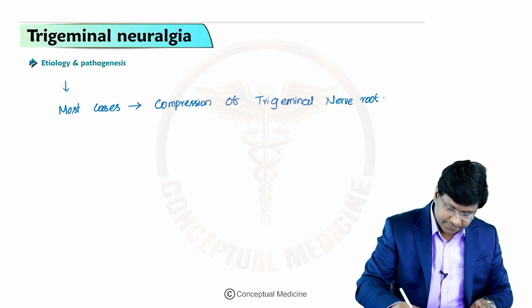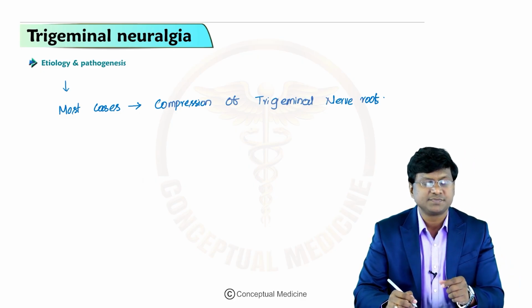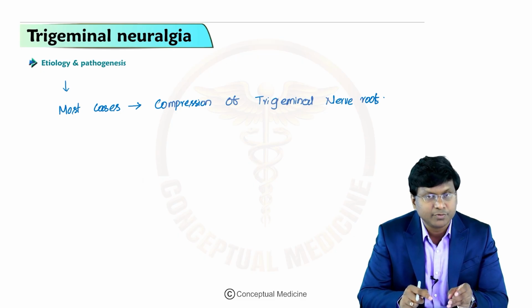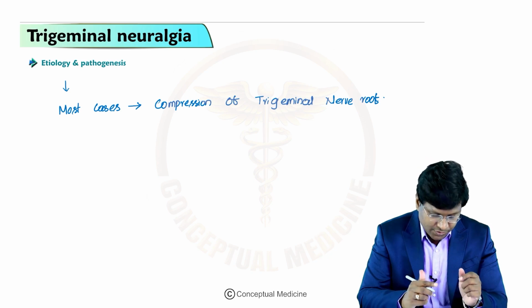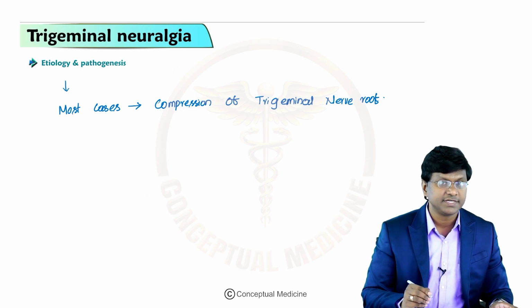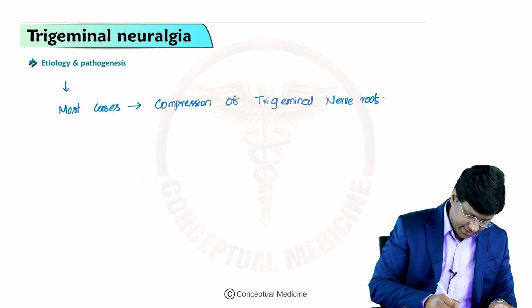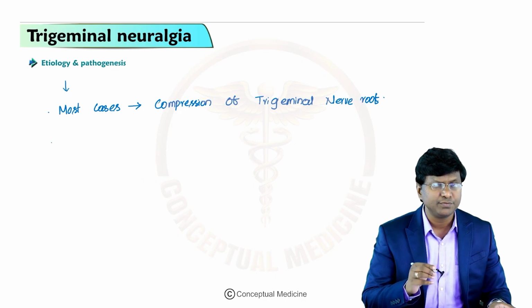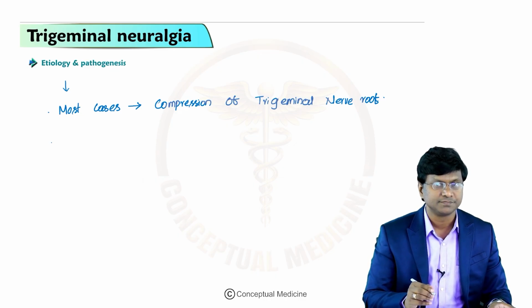And where is this trigeminal nerve root? It starts from the pons and progresses down to the medulla and the upper part of the spinal cord as well. This compression of the trigeminal nerve root is usually within a few millimeters of entry into the pons.